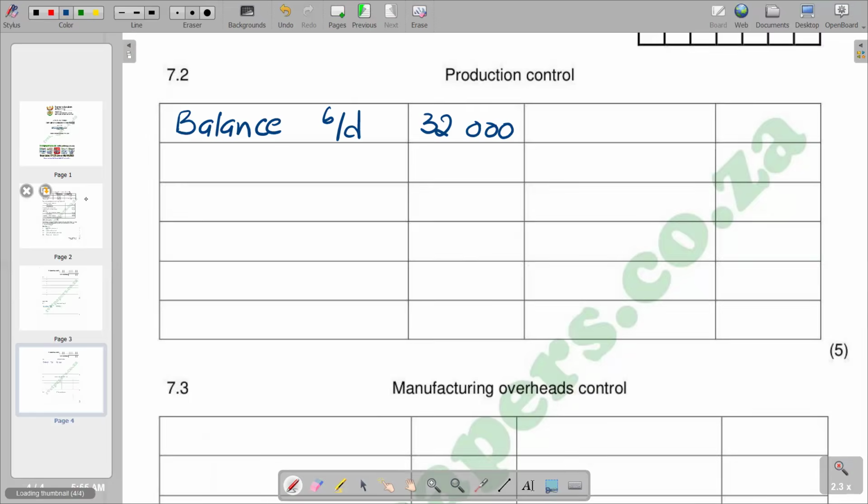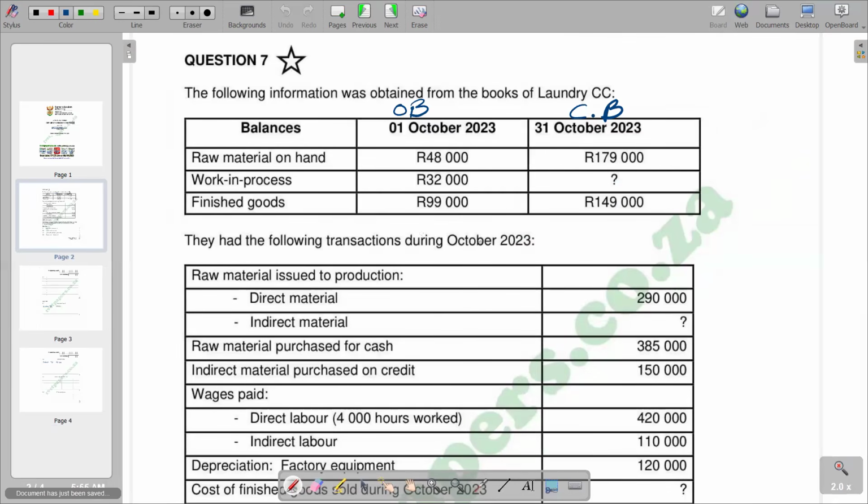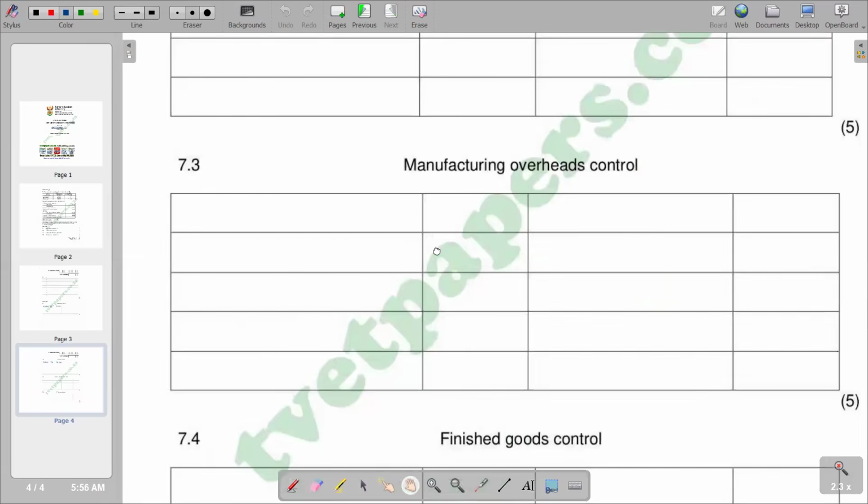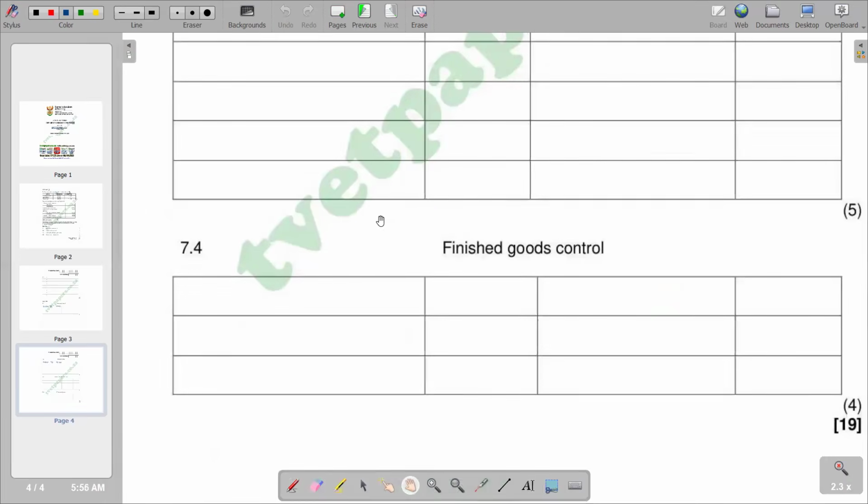So we move on to the next opening balance, which is on finished goods with 99,000. So this should be an opening balance of the finished goods control account. So according to our requirement of the question, we can just look for that finished goods control, which is the last account that we have.